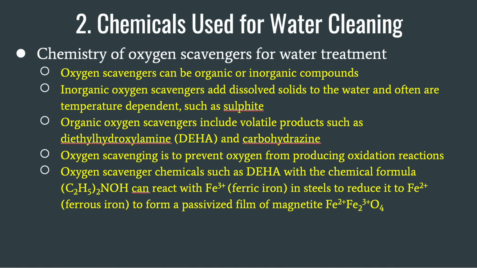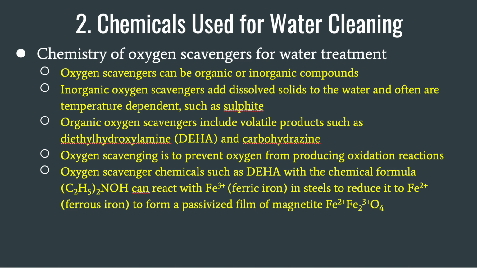What are oxygen scavengers and how are they related to chemistry? Oxygen scavengers can be organic or inorganic compounds. Inorganic oxygen scavengers add dissolved solids to the water and often are temperature dependent, such as sulfite. Organic oxygen scavengers include volatile products such as DEHA and carbohydrazide.